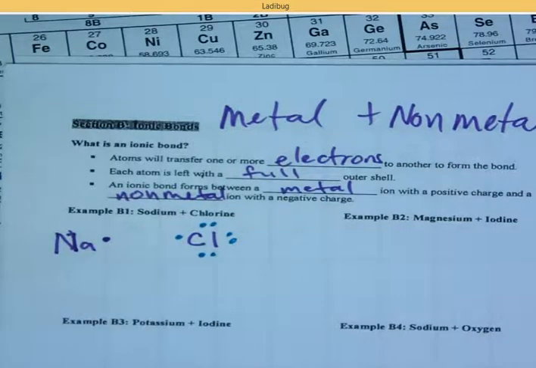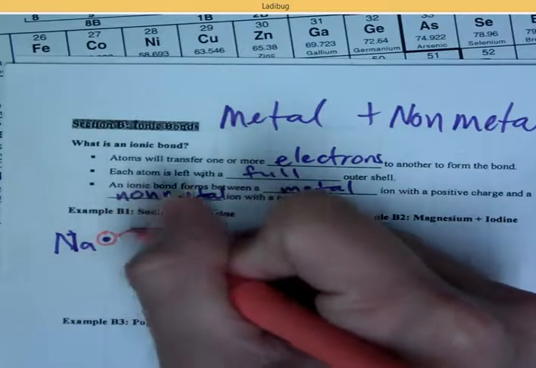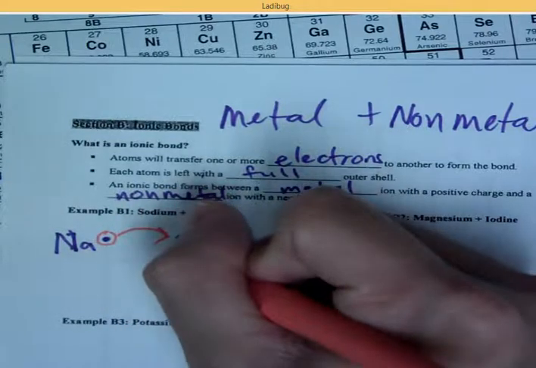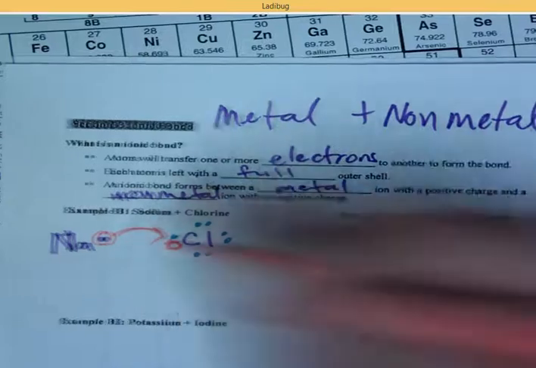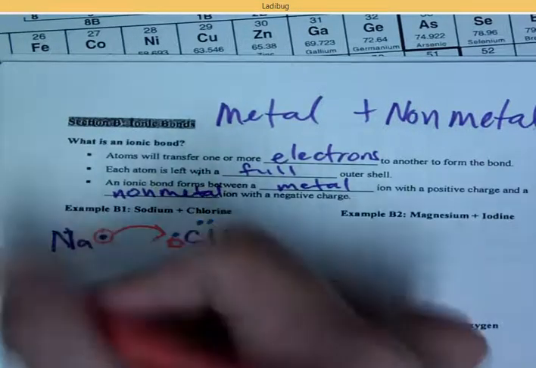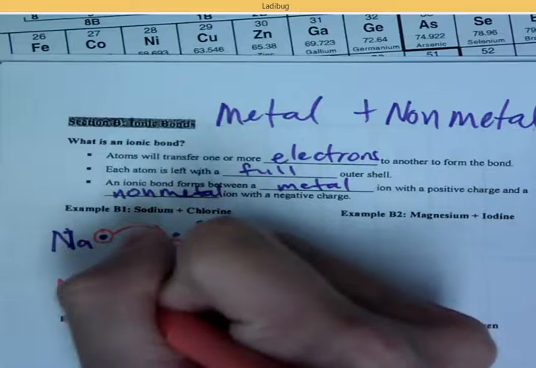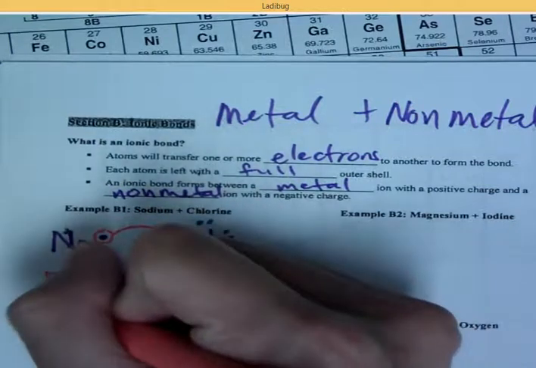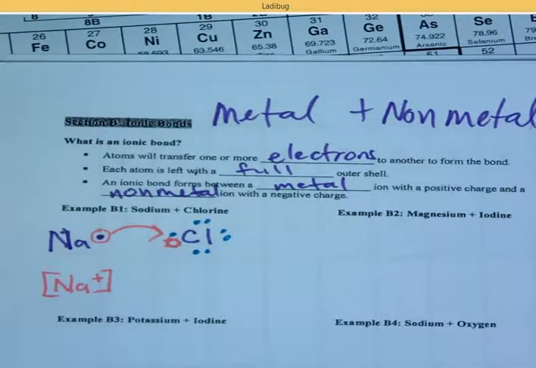So what's likely? Who's going to lose? Who's going to gain? Sodium will lose this electron to chlorine to fill the empty spot it's got there to make 8. So sodium will lose that and become positive. You write Na with a positive sign, plus.